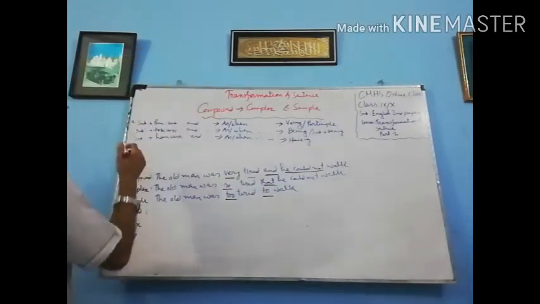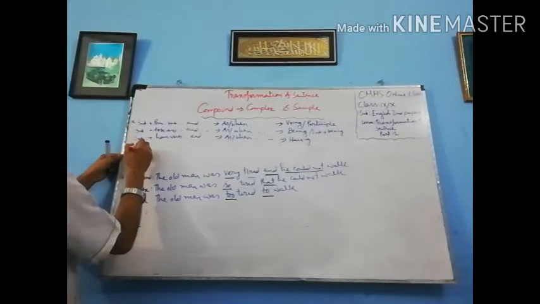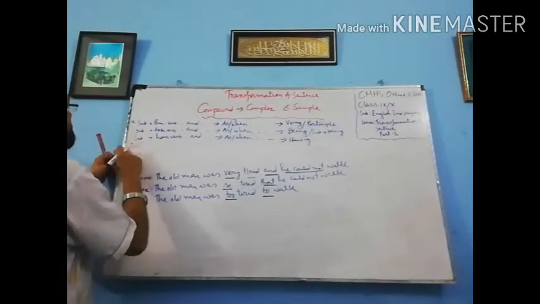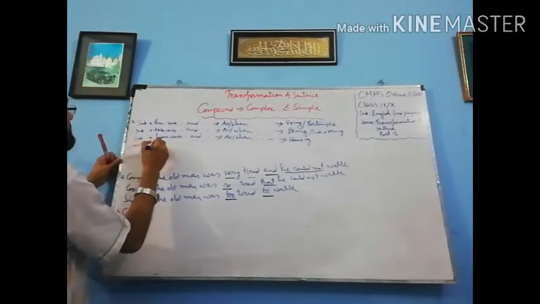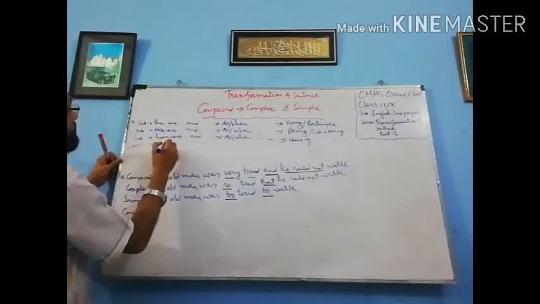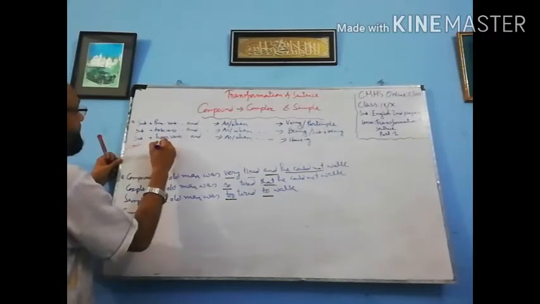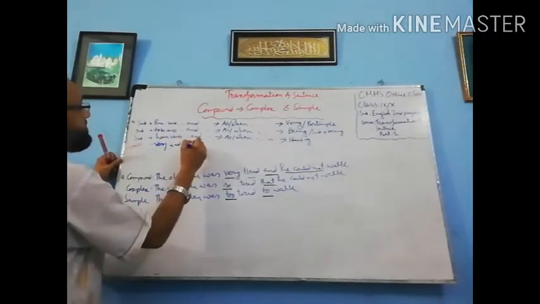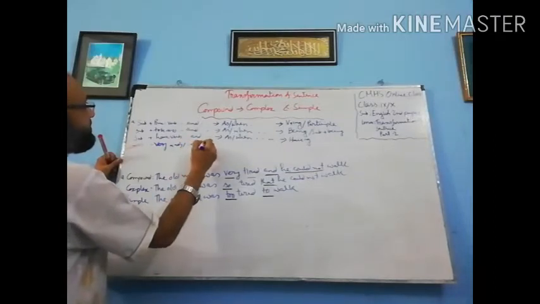So the simple can be: subject verb ঠিক থাকবে, to very adjective or adverb plus and.